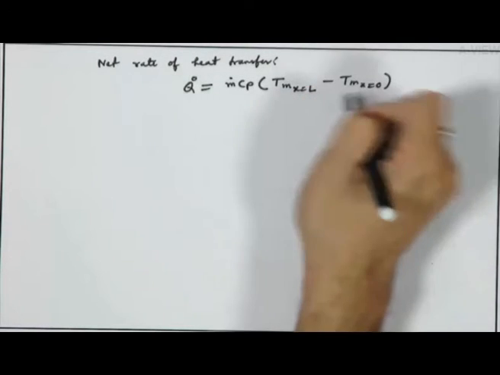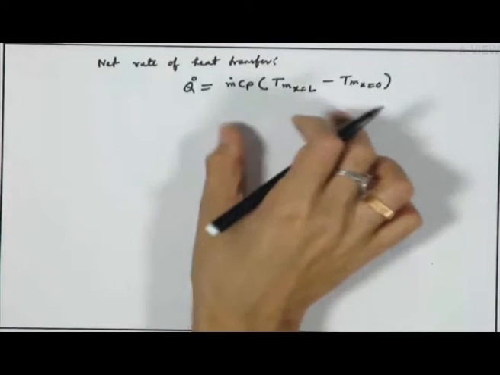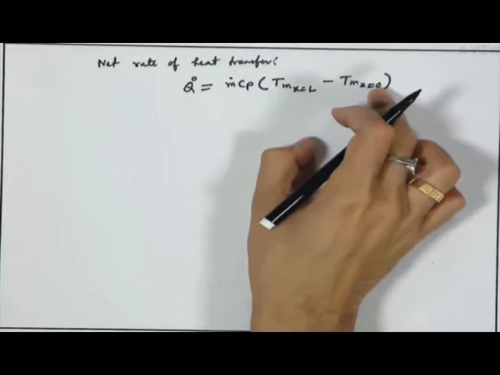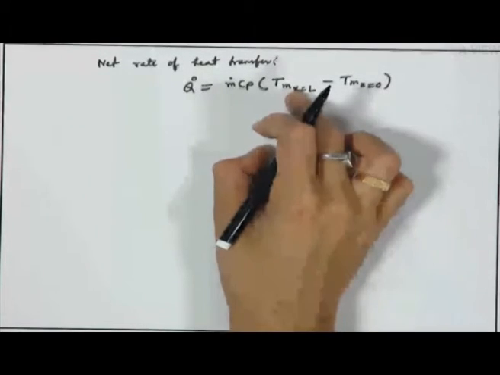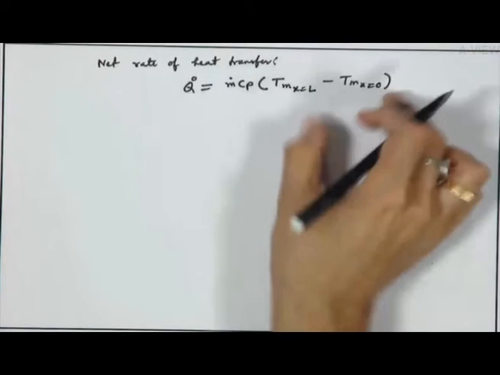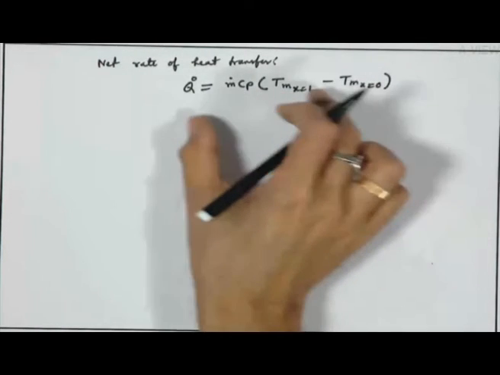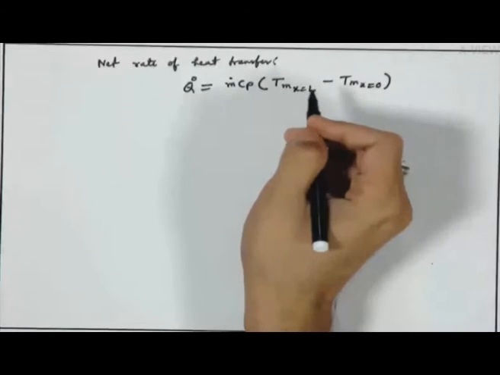This is m dot Cp delta T. So, the fluid enters with a bulk mean temperature at x equal to 0 and leaves at bulk mean temperature at x equal to L. If you heat the fluid, there will be an increase in temperature. So, this is the rate of heat transfer.